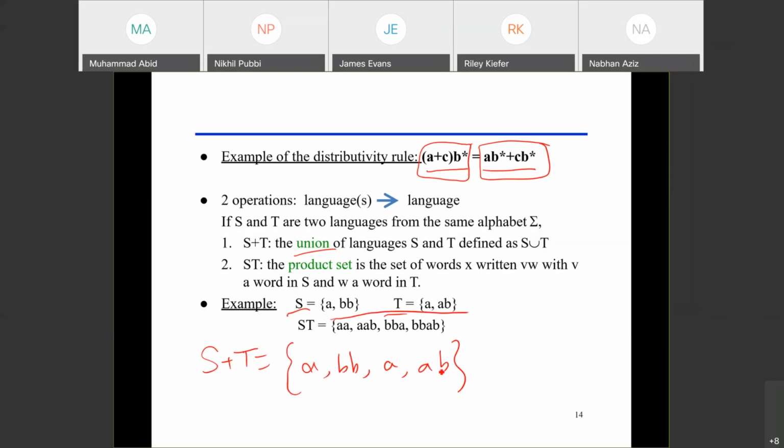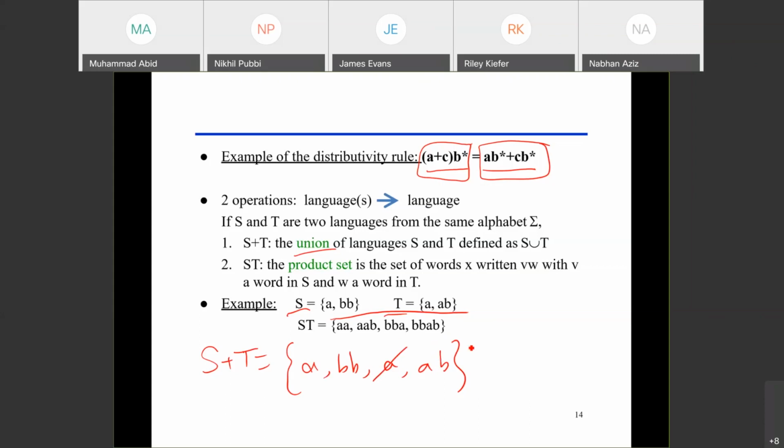Just for clarity, we do not write the duplicate terms. So we will just write A, B, BA, AB. This is if I ask you to write S plus T, it means just find the union of two sets. Here order does not matter.